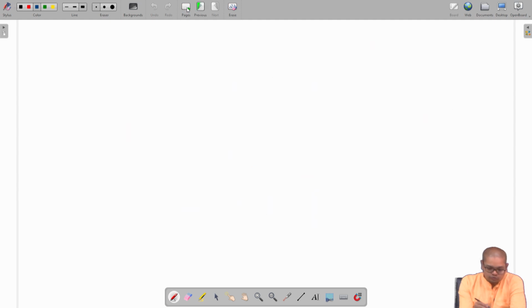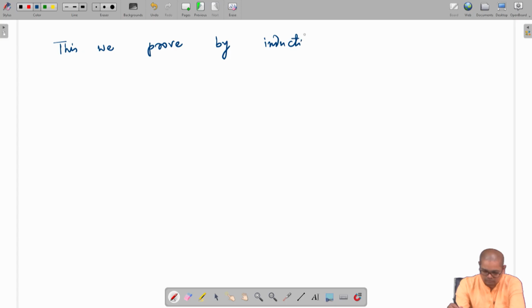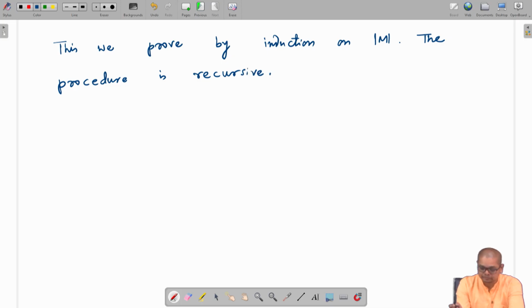Okay, so this we prove by induction on the cardinality of M. The procedure is recursive that we have seen.